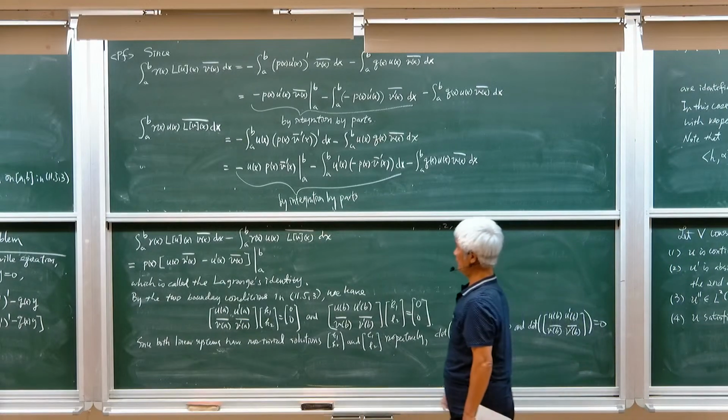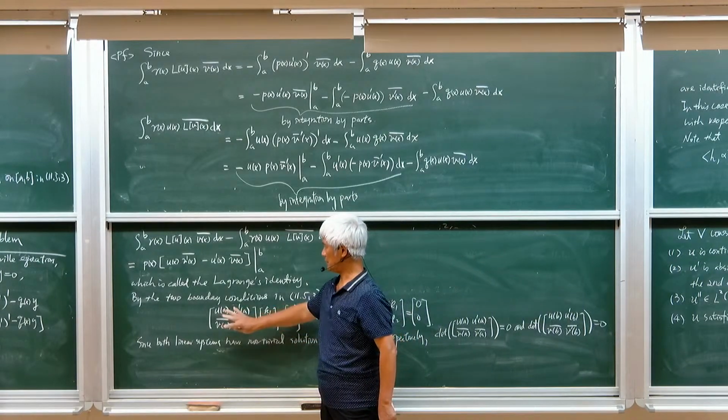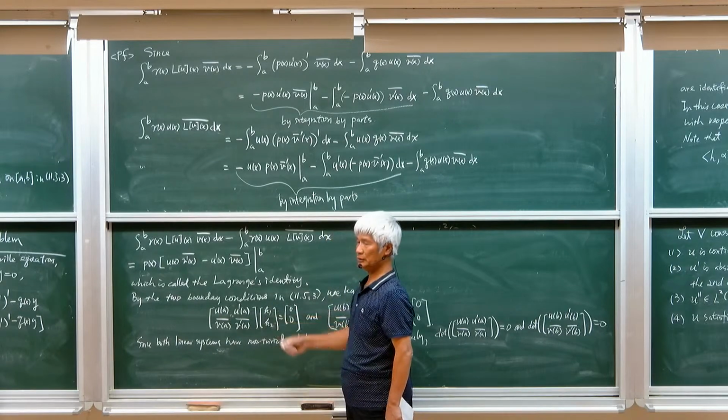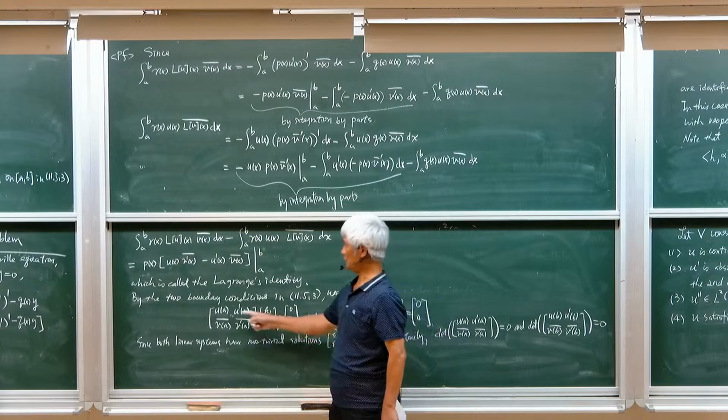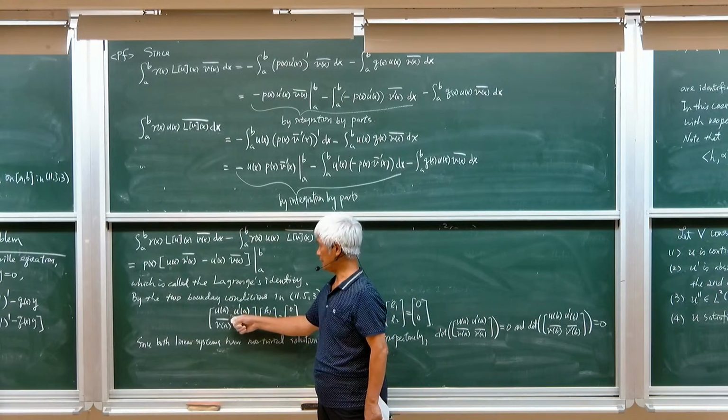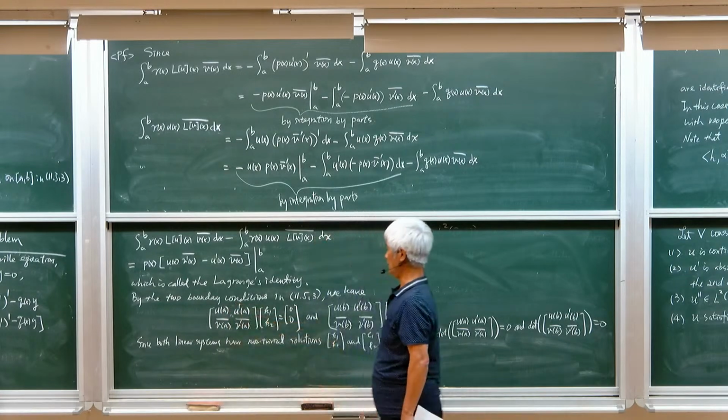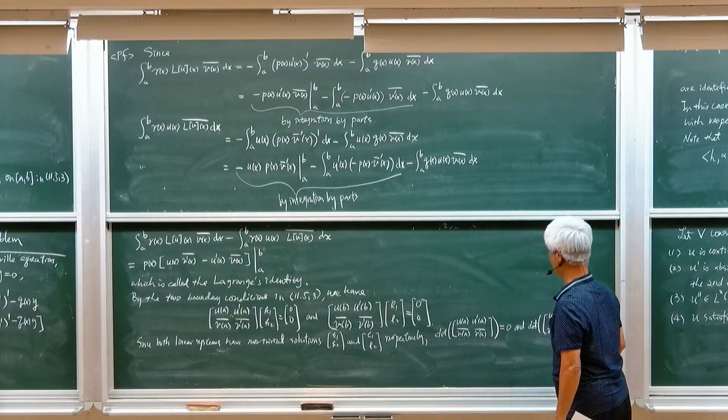Why? Because when this matrix is invertible, then we have only the trivial solution, which is a contradiction. And so this one must be non-invertible. When this is non-invertible, it means that the determinant is 0. Okay, so we have that.